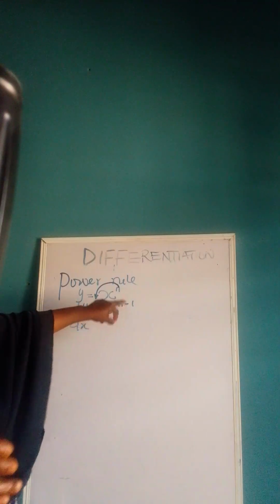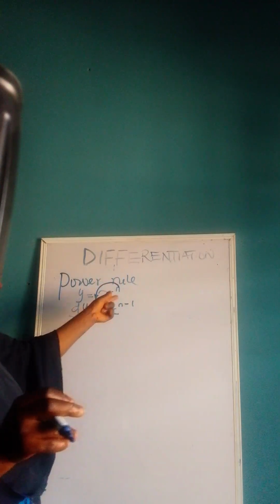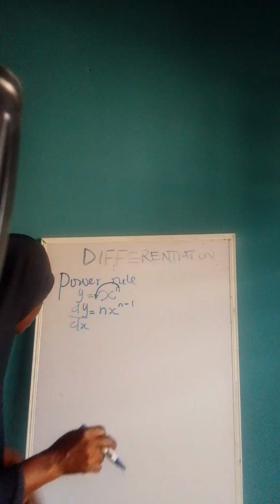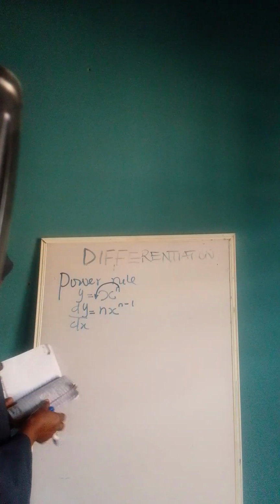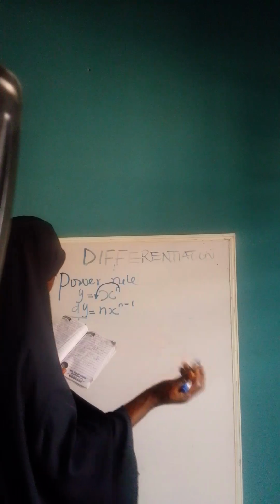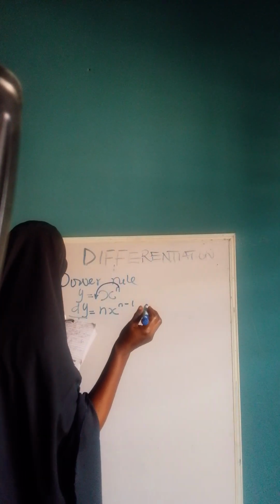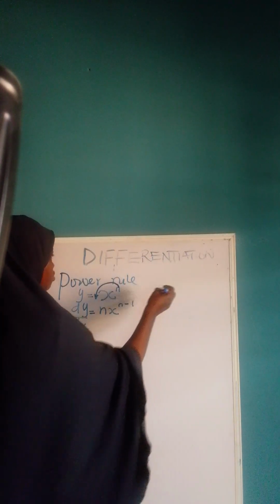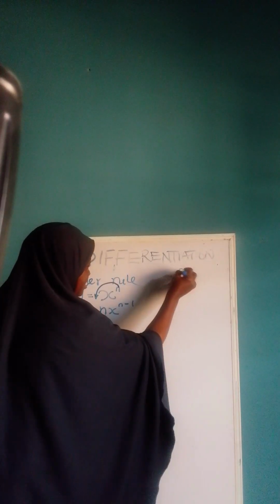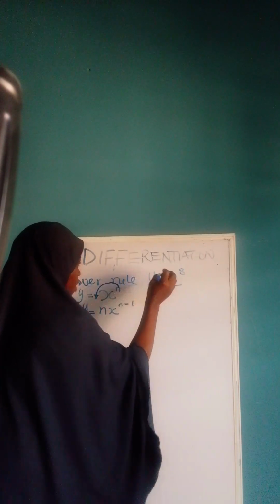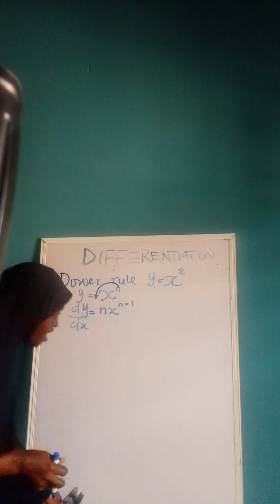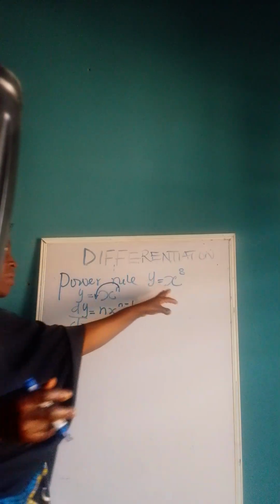So by transferring the power to the front and taking 1 away from the power, let me give you an example. Assuming we have x raised to power 8, that is y, and we have to find the derivative of x raised to power 8.